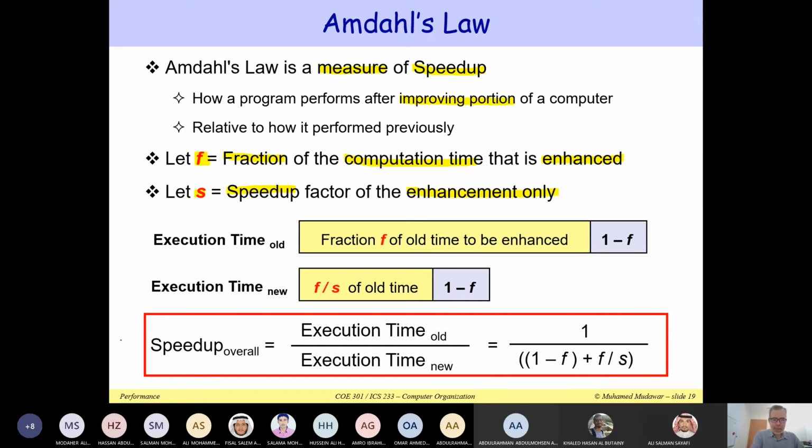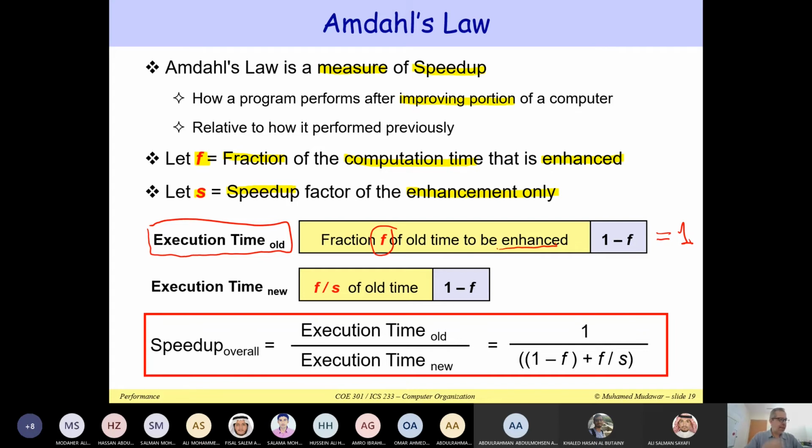The old execution time is equal to 1, meaning 100% of the old execution time. I'm going to use a fraction f of the execution time, and we are going to enhance it.